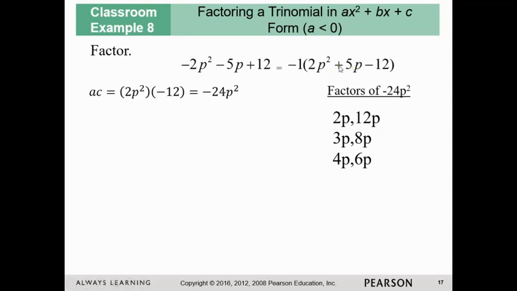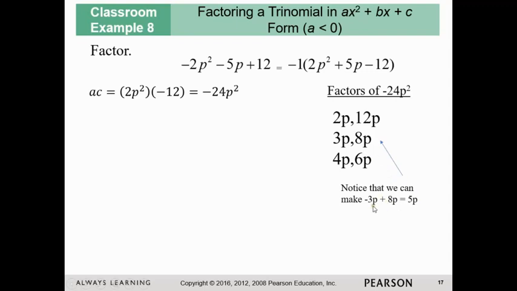Remember, again, we have a plus and a minus in the trinomial. So it means that that inner and outer portion of FOIL is going to imply subtraction. So I look at these factors here. Which ones will get me to 5? 2 and 12 won't. 4 and 6 won't, right? Due to subtraction. But 3 and 8 will if I rewrite these terms as negative 3p plus 8p equals 5p.